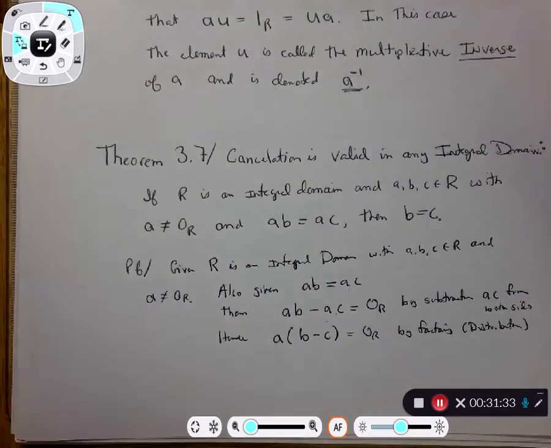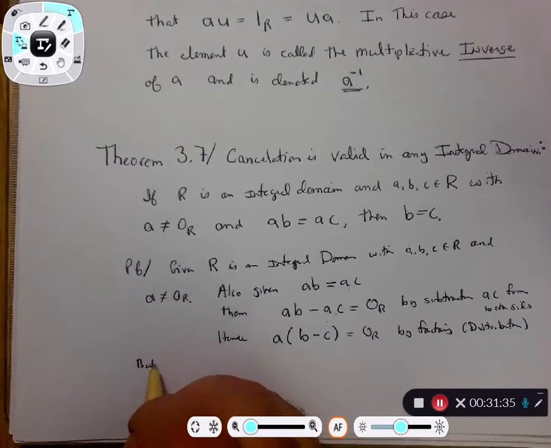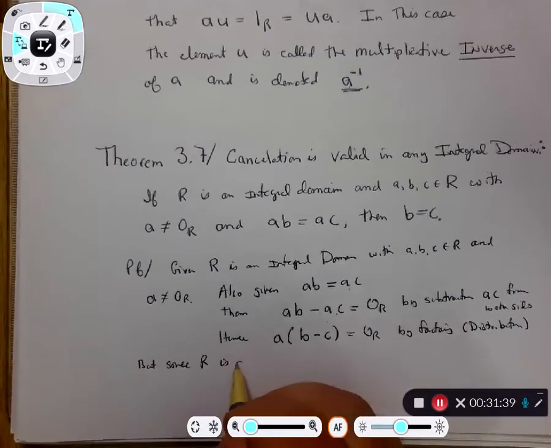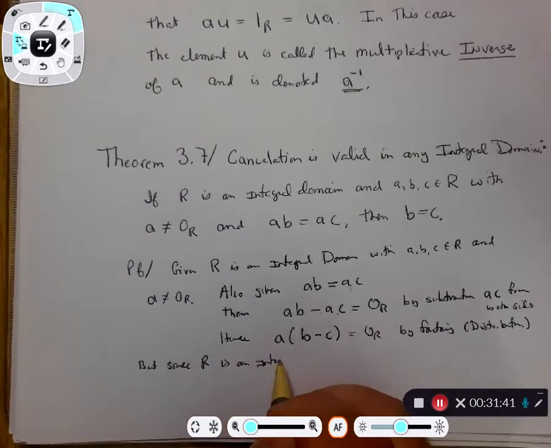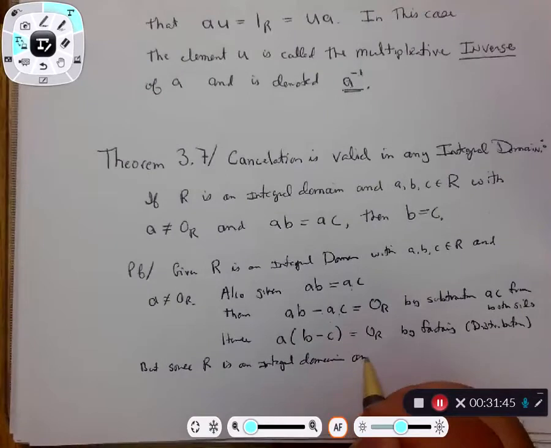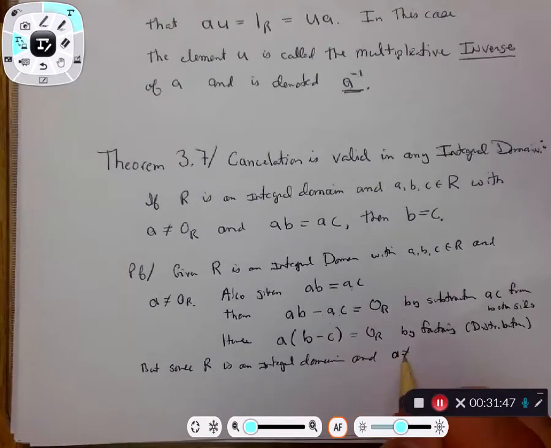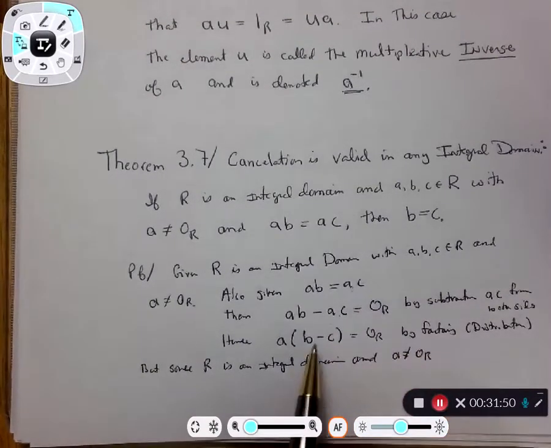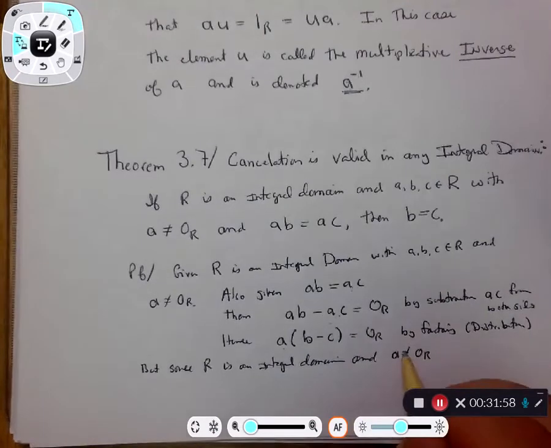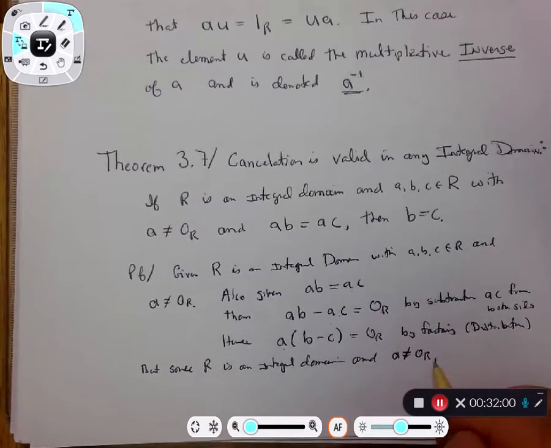But since R is an integral domain, and A, the first element, is not equal to 0. In an integral domain, if I ever have a product of 2 elements equal to 0, either the first guy is equal to 0 or the second guy is equal to 0. But the first guy, A, is not equal to 0.